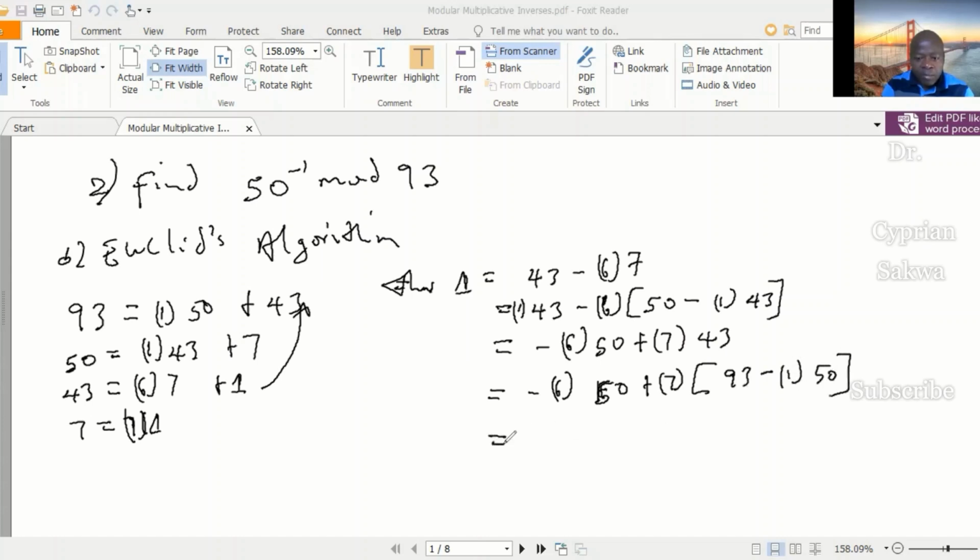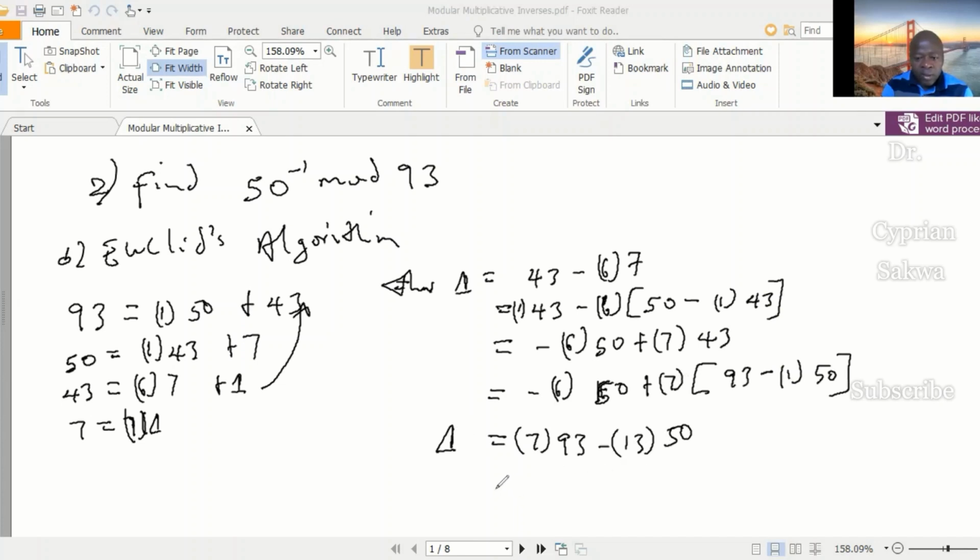So when you open these brackets, what you have is 7 multiplied by 93, and negative 7 plus this will be negative 13 multiplied by 50. So now we have that 1 equals this.